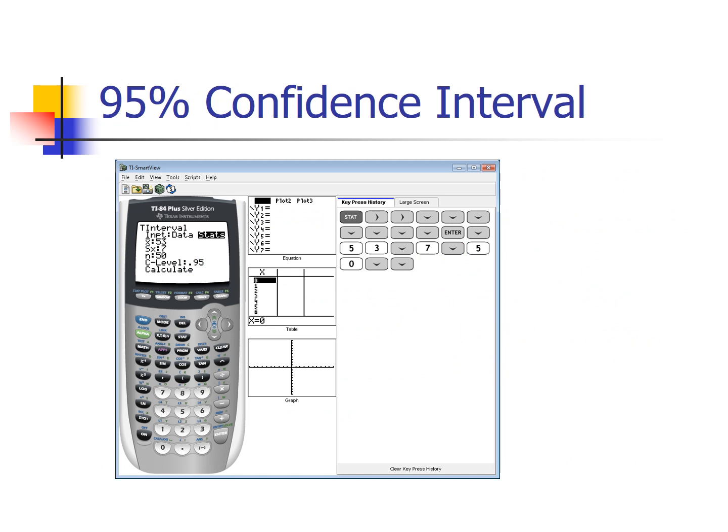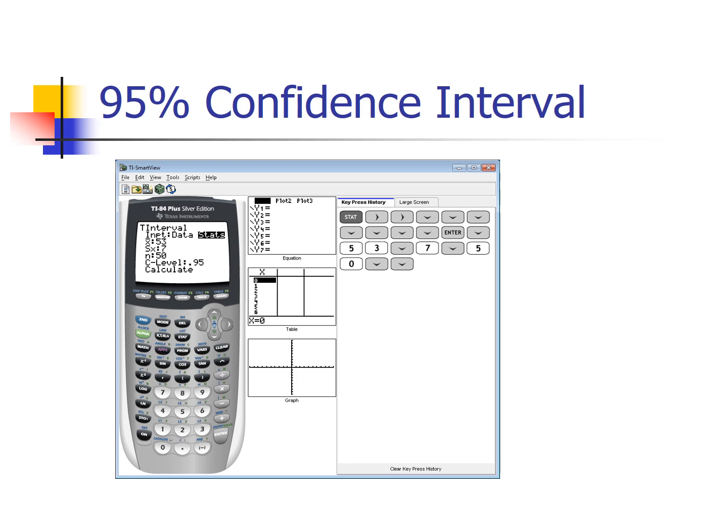So, I go stat, I go over to test, I pick a t-interval, and then you can see the screen where I filled in all the information. The sample mean is 53. Notice, when I pick t-interval, the calculator does not ask me for sigma because it knows that if I'm using a t-interval, I'm using the sample standard deviation. Pretty smart for a calculator.